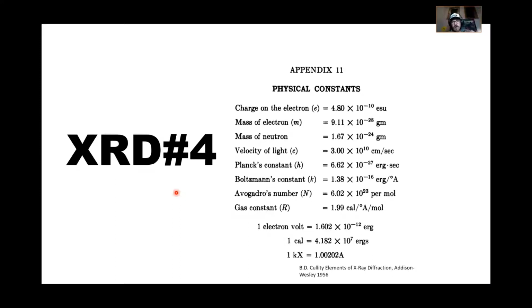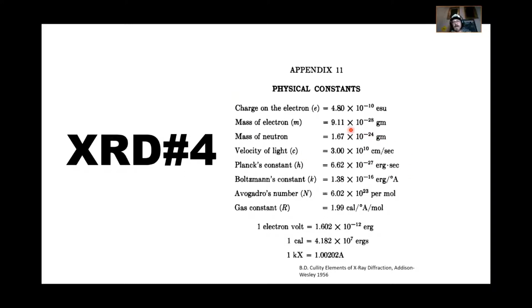Anyway, physical constants. I thought this was quite interesting, because they're not really units we use today. This is getting to be a long time ago, 1956. The elementary charge of the electron I learned to be 1.6 times 10 to the negative 19 coulombs.